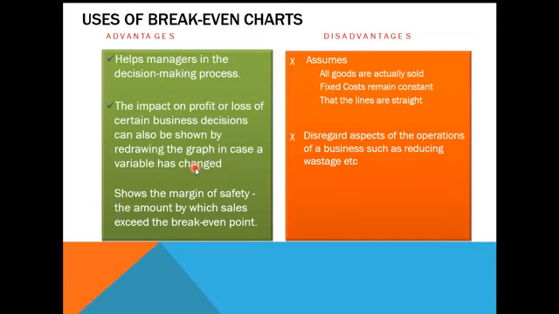Your selling price will be determined by the forces of the market, which is supply and demand, or rather demand and supply. Your break-even chart will not show the wastage from the business. These are the advantages and disadvantages of break-even.